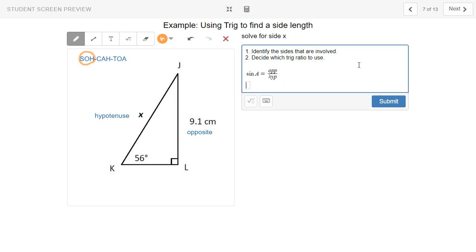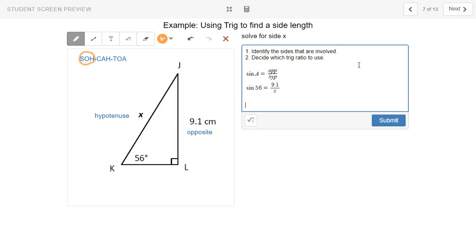Let's substitute our values in. So I have sine 56 is equal to 9.1 over x. Once we've set up the ratio, we're going to solve it using cross multiplication.